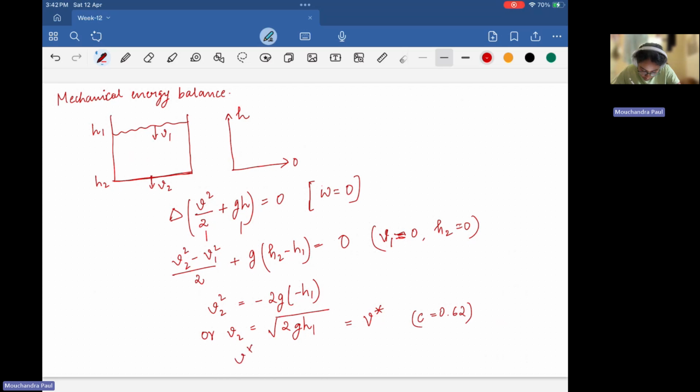So V star is equal to 0.62 into root of 2GH. Here H1 is basically H. This is the final term that correlates V star and H.